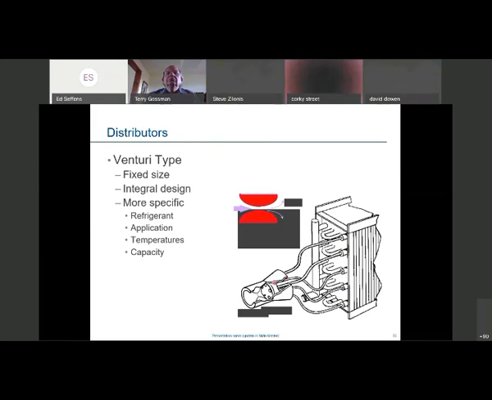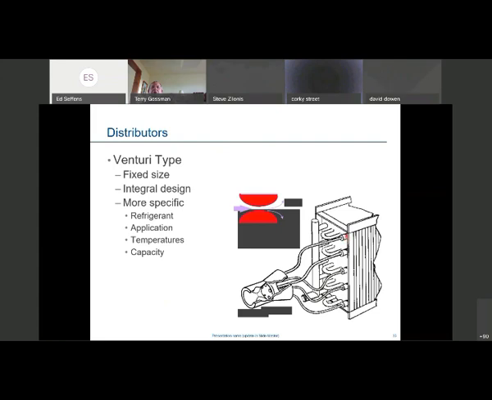So the distributor helps distribute the refrigerant, liquid refrigerant, actually saturated conditions, into the evaporator. If this evaporator were just one circuit, we'd have a lot of refrigeration down on one portion of the evaporator and the rest would starve.